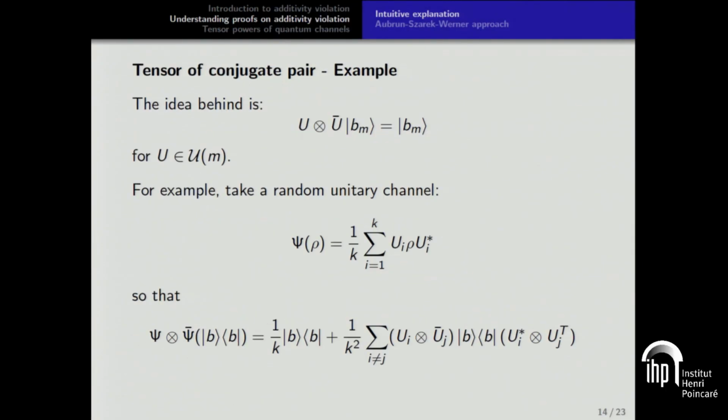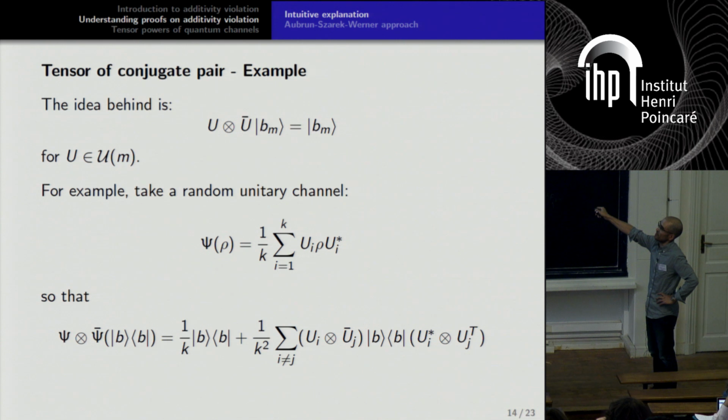Anyway, let's get to the idea. I'm not going to show a proof, but let's see what's going on behind it, using this example, which is called a quantum random unitary channel. The reason we call this a random unitary channel is that rho is the input, and we apply this rotation kind of randomly with probability 1 over k.